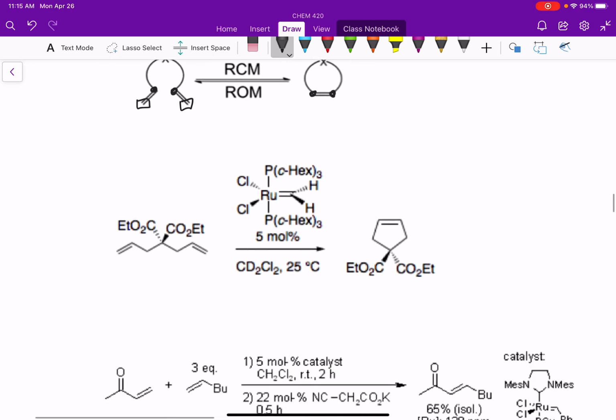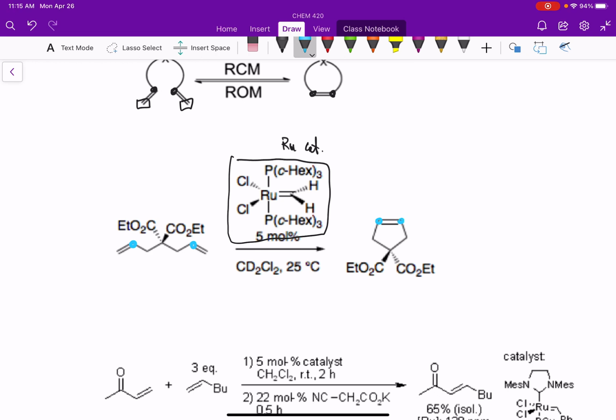So it's pretty simple, right? You have two alkenes, all right? You just simply add your catalyst. We can just write RuCat. There's the specific catalyst that's used, RuCat.